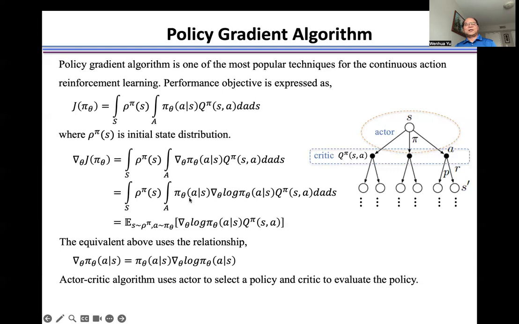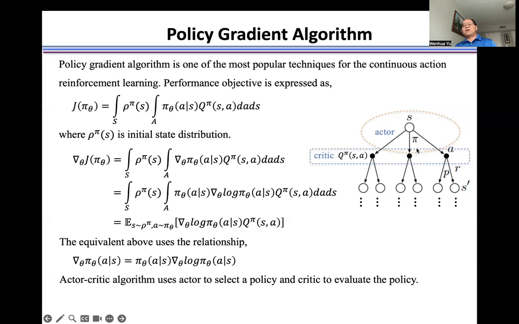This is the state distribution, and this is the policy distribution. So we sample state from rho, we sample action from the policy, then we calculate the expectation of these two variables.